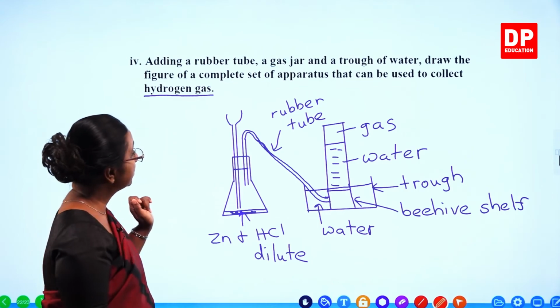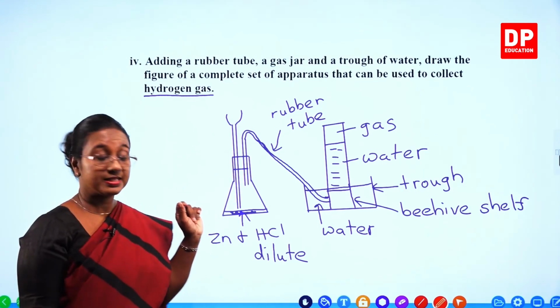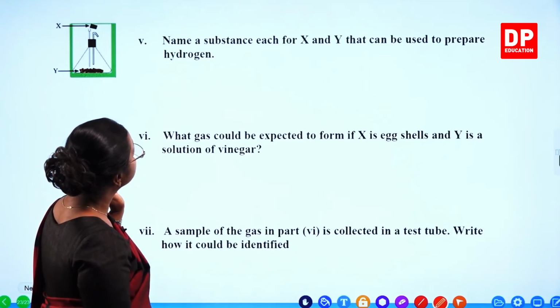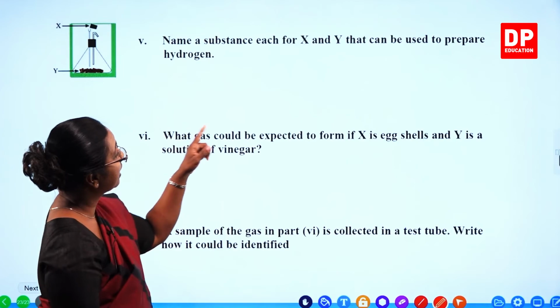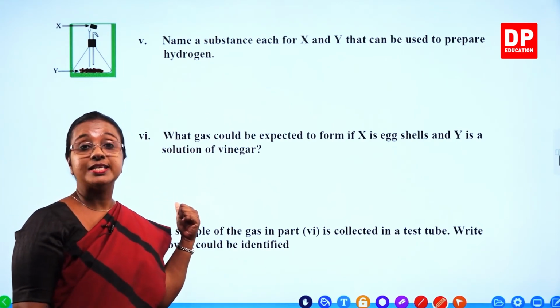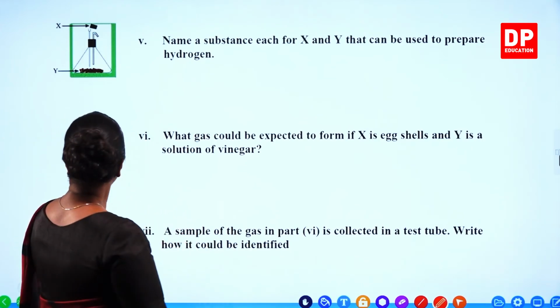So with that, students, I will move on to the next part. These are the last parts of the question. The fifth one, name a substance each for X and Y that can be used to prepare hydrogen. So if it is hydrogen, you know it has to be zinc and hydrochloric acid.